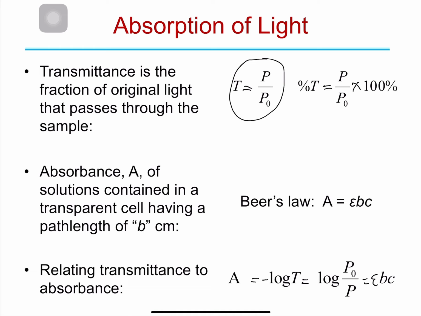The Beer-Lambert law, and you are all familiar with it, is the law that correlates the absorbance or the transmittance with the concentration of your sample. So absorbance equals epsilon, which is the molar extinction coefficient, and this is a constant value for a certain chromophore or a certain colored solution or colored complex that we are using.